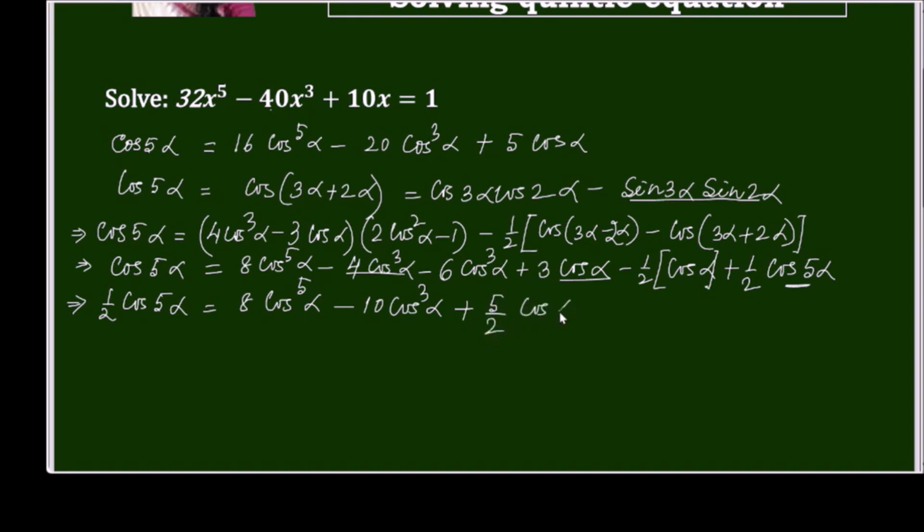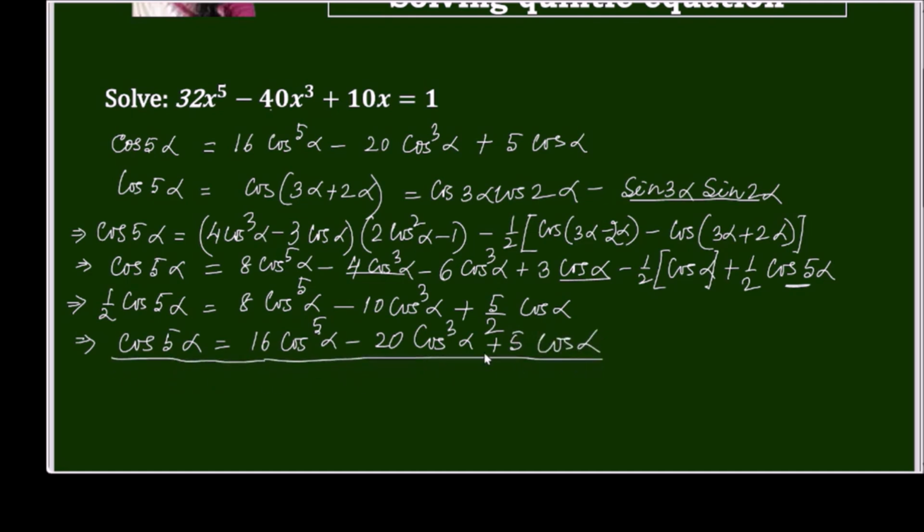Now multiplying throughout by 2, I'll get cos 5 alpha equals 16 cos^5 alpha minus 20 cos^3 alpha plus 5 cos alpha. So you learned a new formula which you can keep in your memory and reuse according to your convenience or requirement.